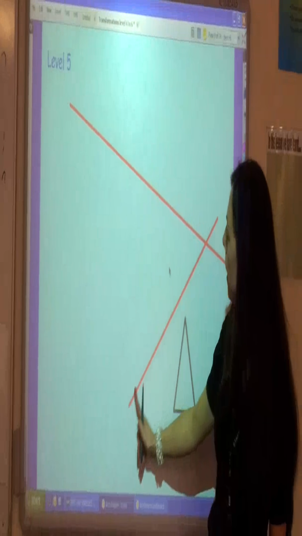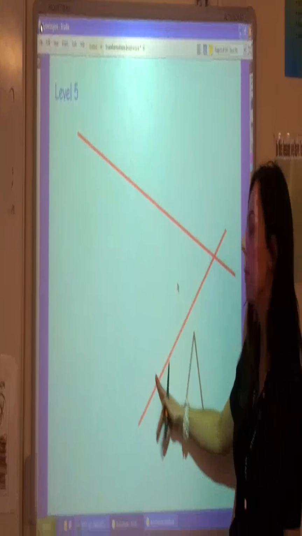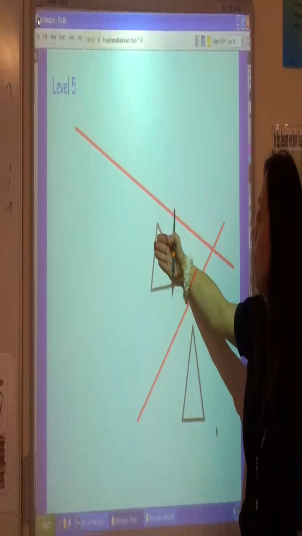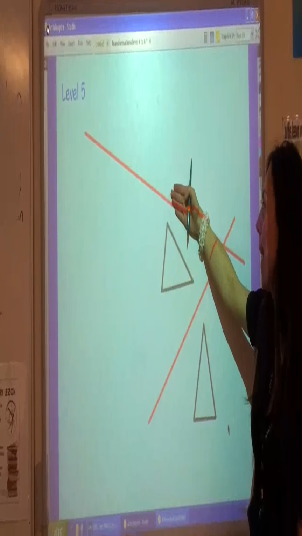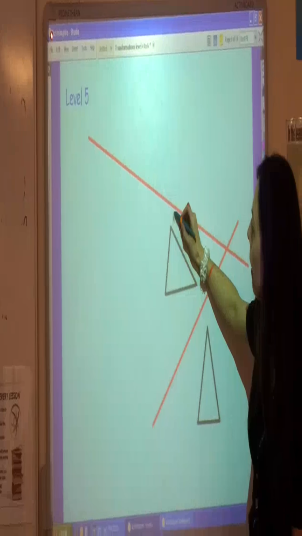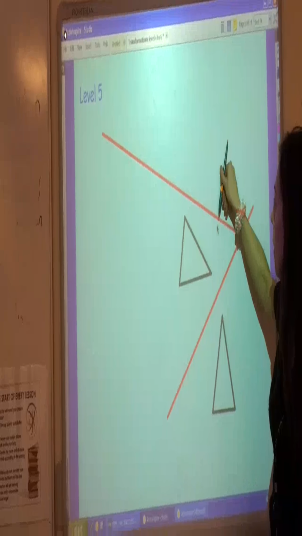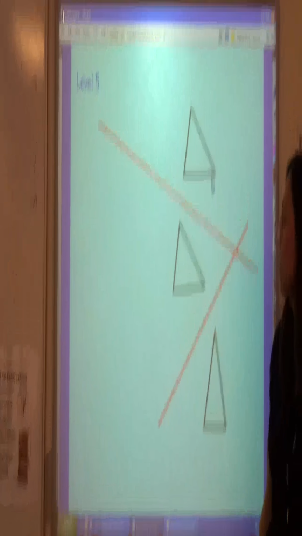So at level 5, you need to make sure you're measuring the perpendicular distances away from your mirror line and reflect it over. Then take your image and reflect it again in a second mirror line, ensuring that your distances are perpendicular, same size, both sides, and that's what you'll end up with.